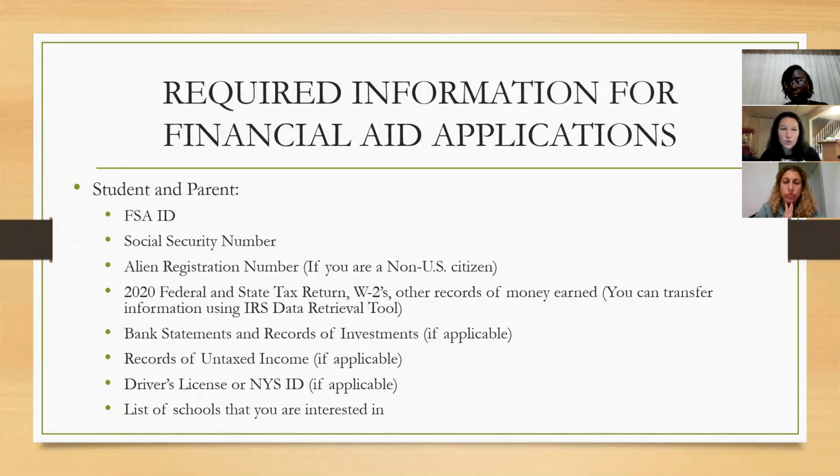You're going to need your social security number, alien registration if you're a non-US citizen, your 2020 federal and state tax returns, bank statements and records of investment, records of untaxed documents, a driver's license or New York state ID, and a list of schools that you're interested in applying to, all the schools that you're applying to.